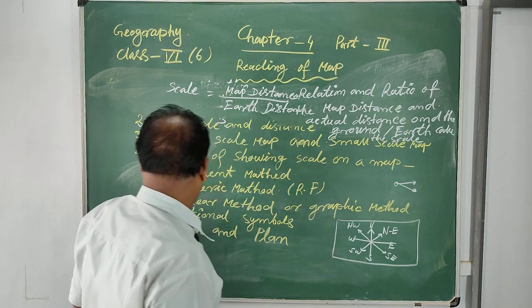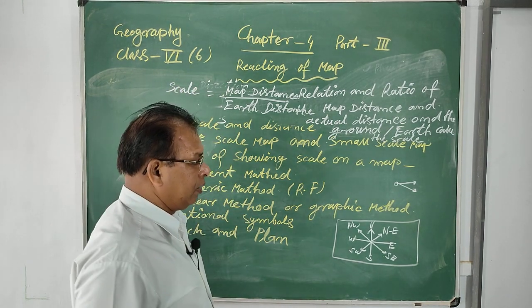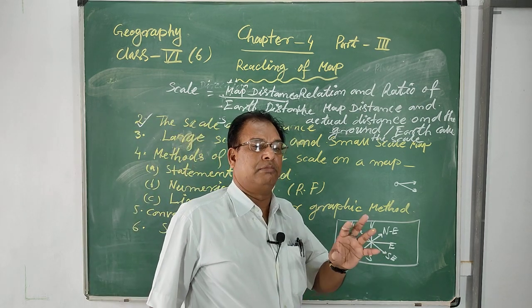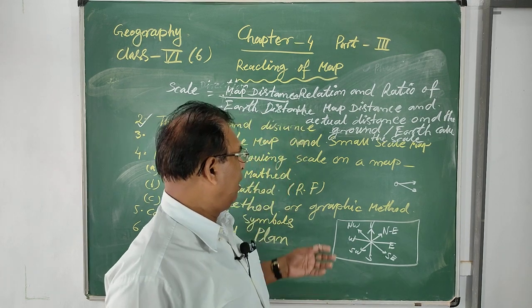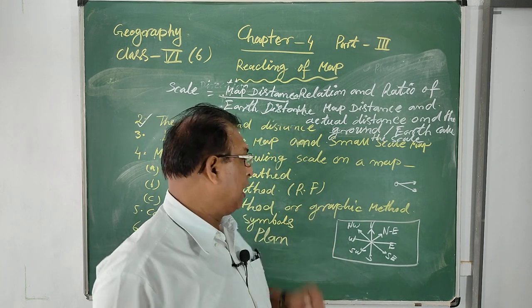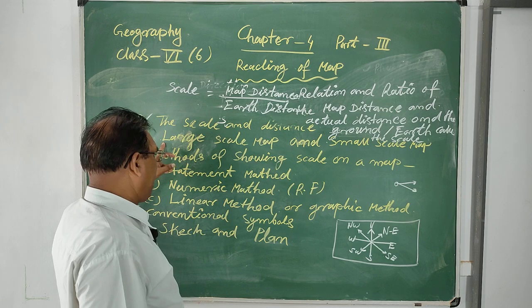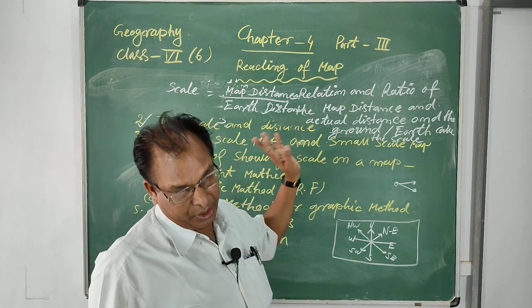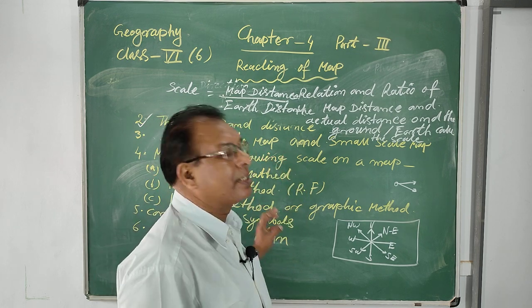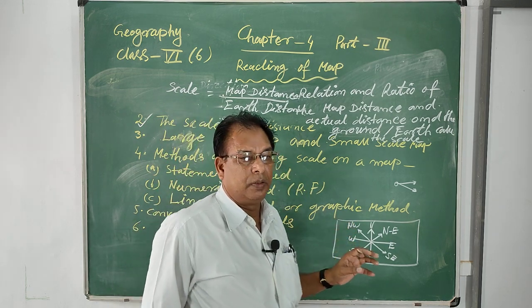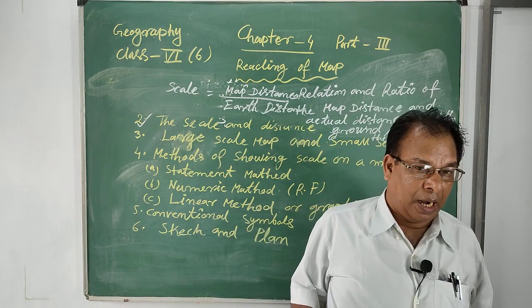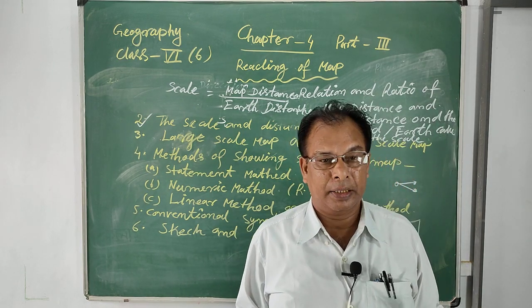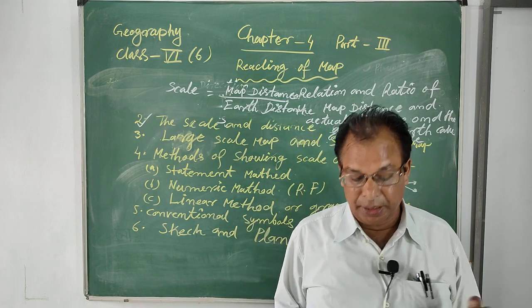There are 2 types of scale identified by the scholars: large scale and small scale. Large scale means Brihat Paimana, and small scale means Laghu Paimana. They are also given names in Hindi.